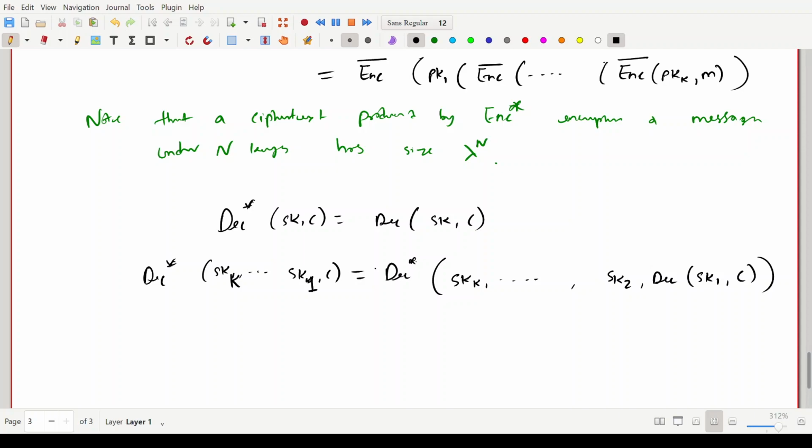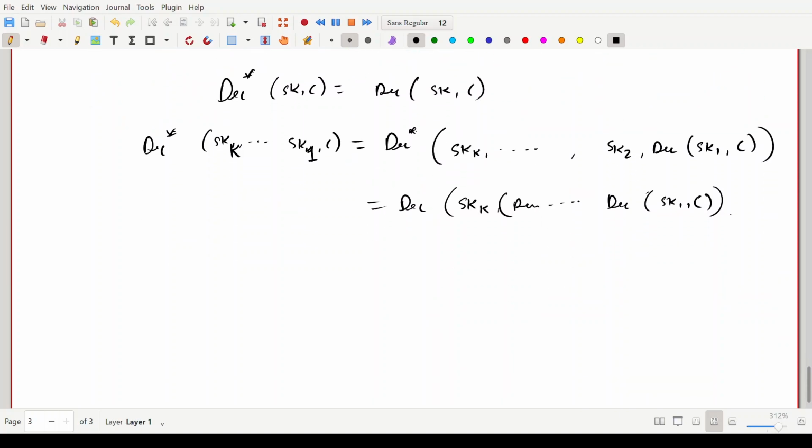First it will be decrypted, then the first bracket will get out, I'll be remaining with the second one and so on. Correct, so I can write it as, this is the same as decryption with secret key k, decryption of, and so on, it will be decryption of sk1 and c. This is what your decryption is.